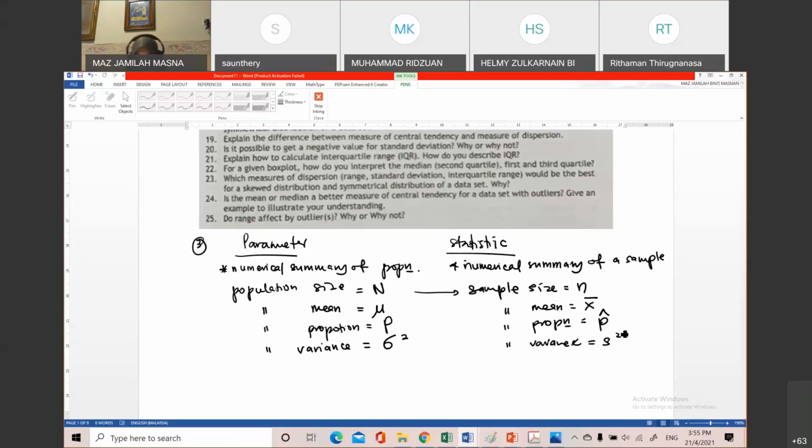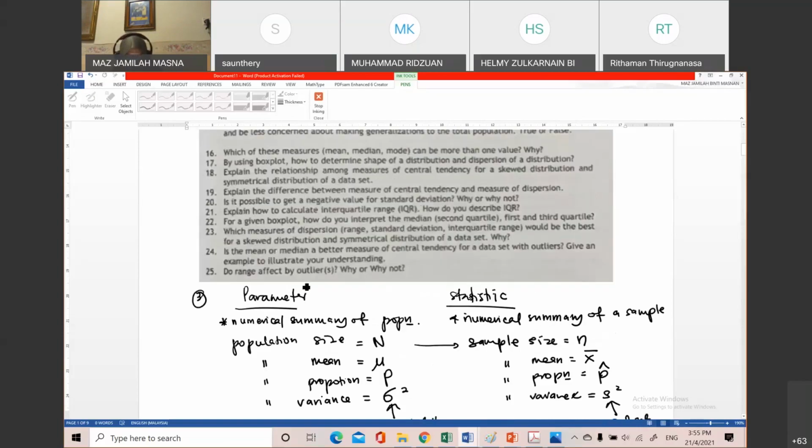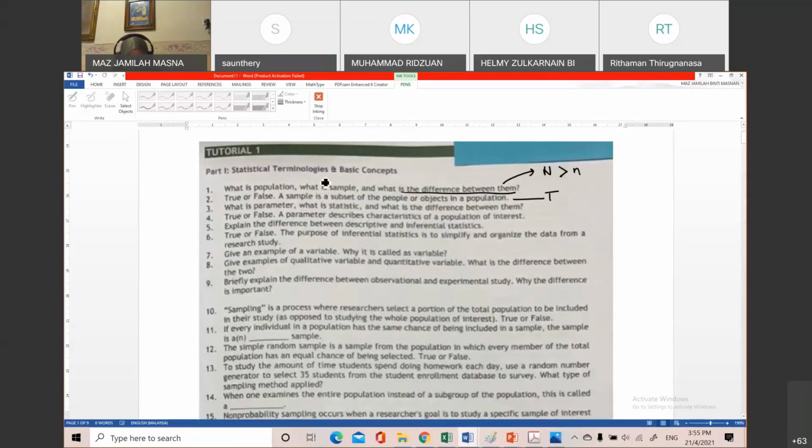What is the difference in terms of the notation? The notation will reflect the subset and the total of your population. Now, true or false? A parameter describes a characteristic of a population of interest. True. Yes.